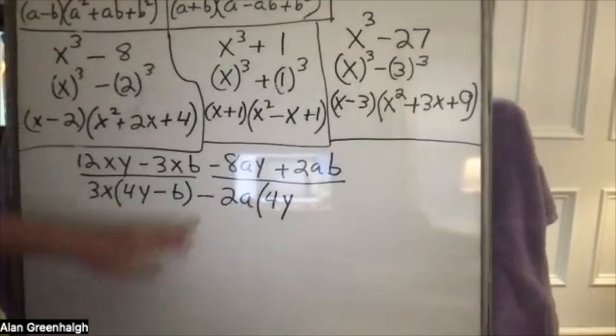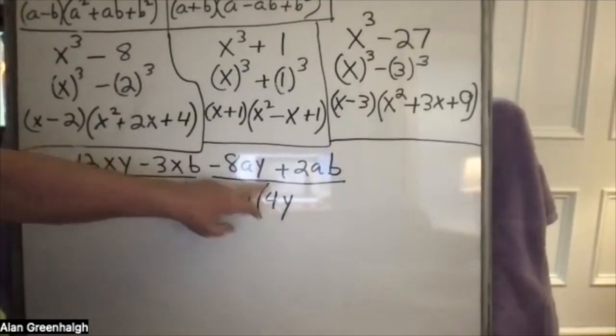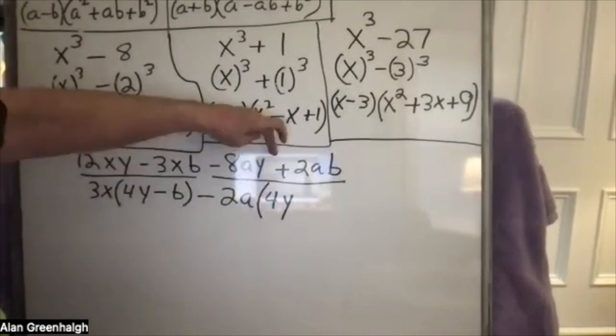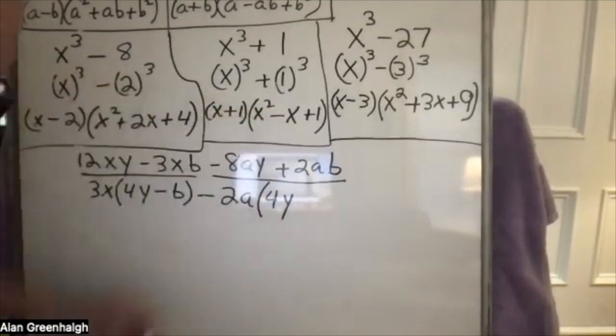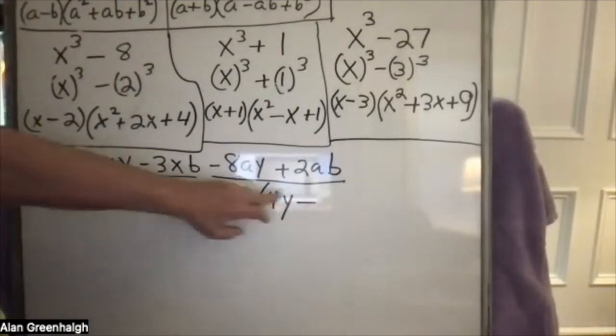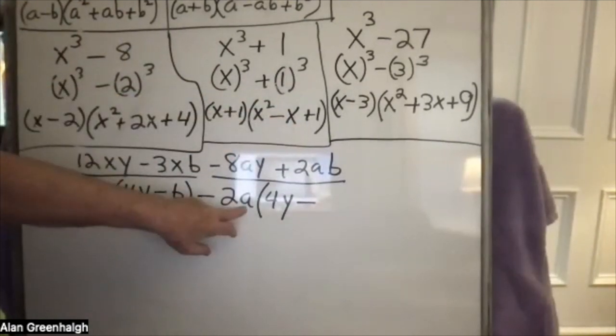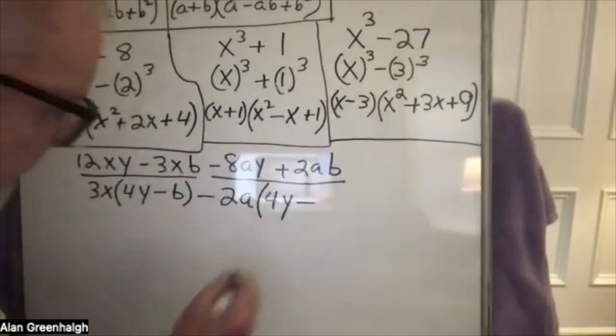4y, right? Because 2 times 4 is 8, a times y is ay, and we can't leave this as positive. We have to make that negative, because this negative times that negative would make that positive. And then we've taken out a 2a, so what's left is the b.